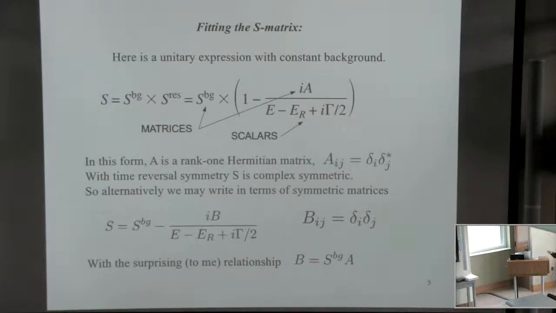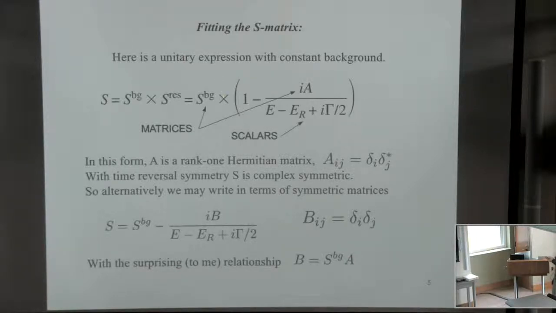Okay, now we do the calculation, we get an S matrix as a function of energy, and in order to extract the information for the angular dependencies, we fit it to a functional form. So here's one such functional form. This form right here is guaranteed to be unitary.